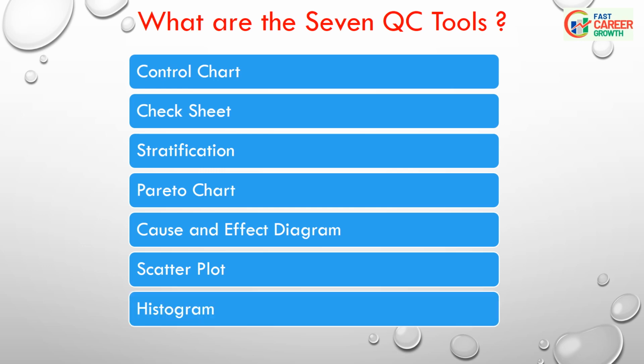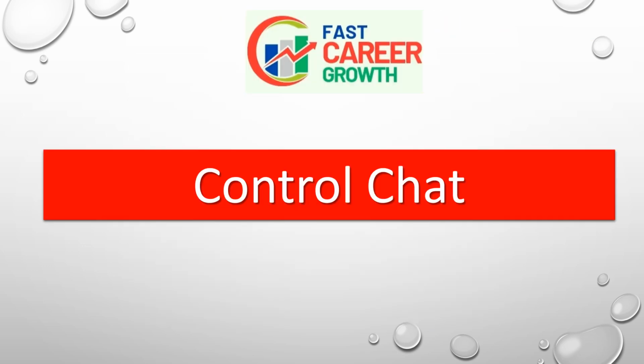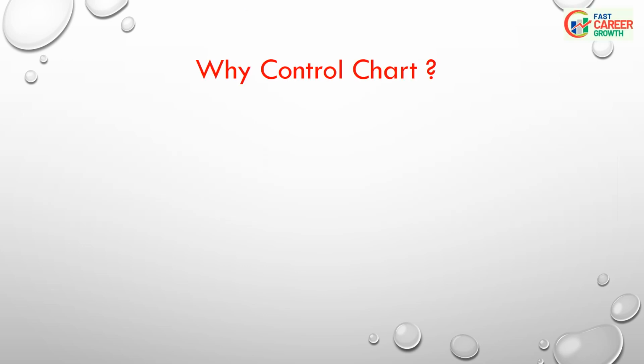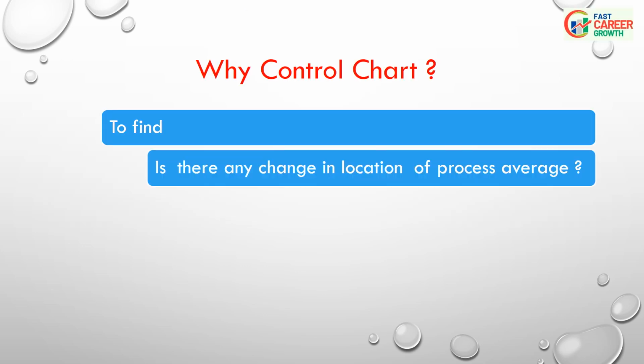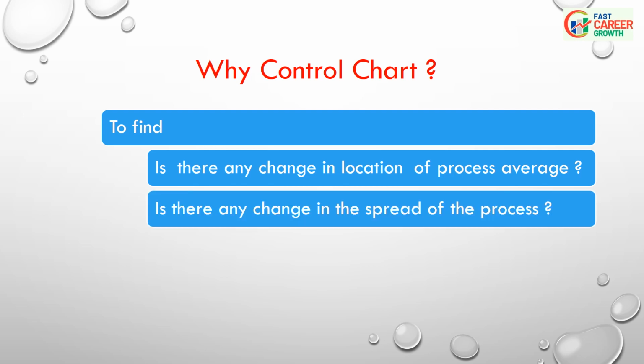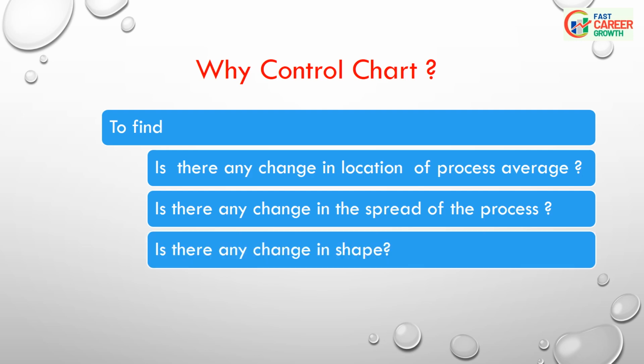Next is, why we will select a control chart for any problem. To find, is there any change in location of process average? Is there any change in the spread of the process? Is there any change in shape?